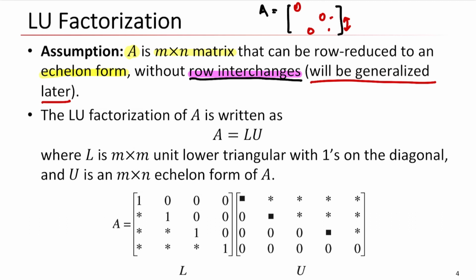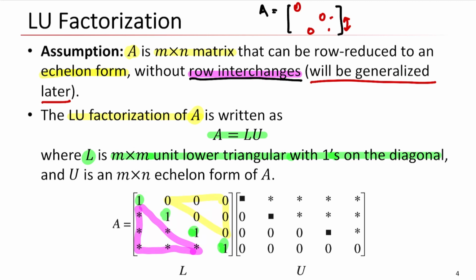Anyway, the LU factorization of the matrix A is written as A equals L times U, where L is the m by m unit lower triangular matrix with 1 on the diagonal, something like this. The upper part is zero, and there are constant values in the lower left side.